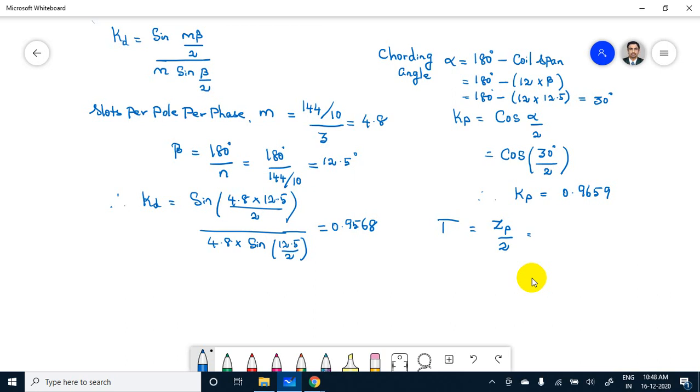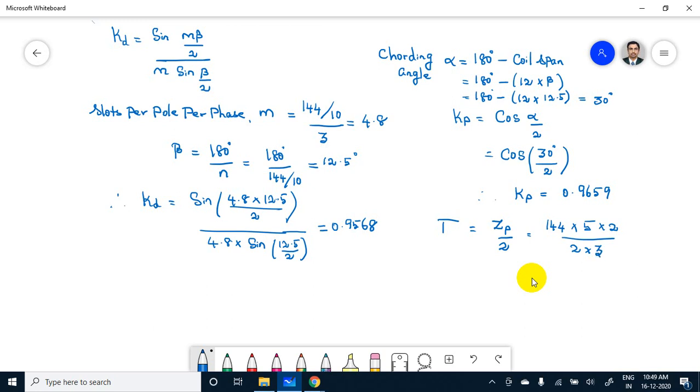Number of slots will be how much? It is 144, into number of conductors 5 in every slot, because each slot has coil sides, that is, both sides. So it should be multiplied with 2, whole divided by 2 into number of phases.